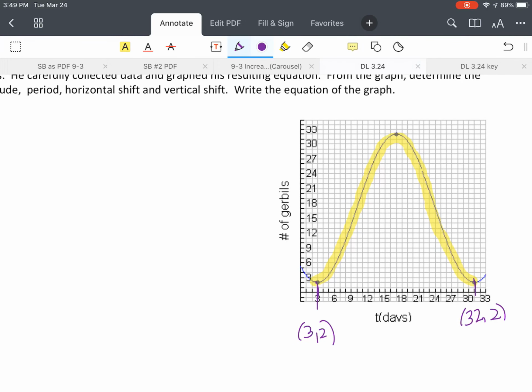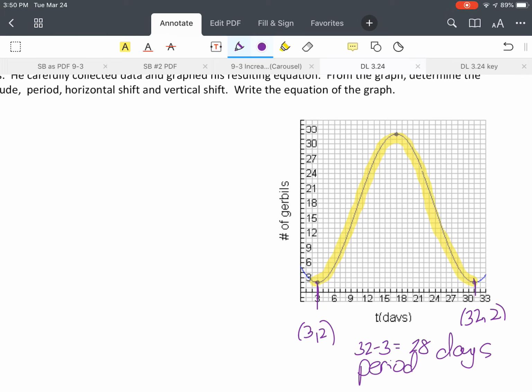There we go. Okay. So the first thing, let's find the period since we kind of have it here. Starts at 3, ends at 32. So I could do 32 minus 3 for 28. That's the period, 28 days. Okay.